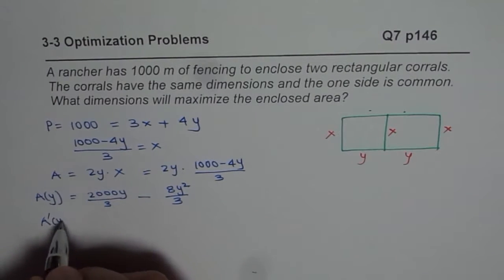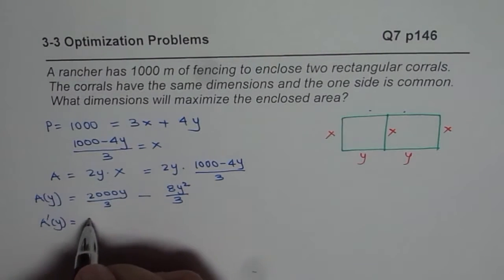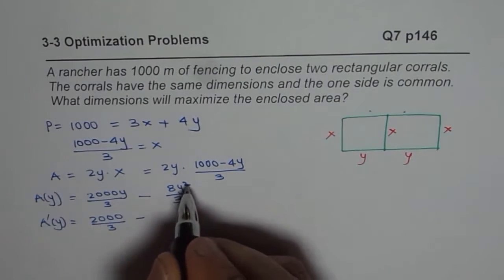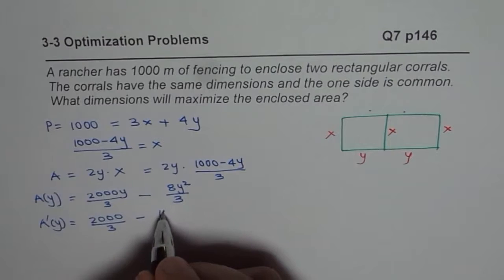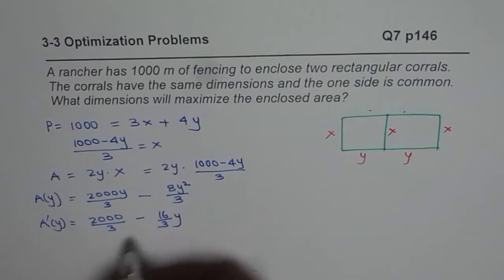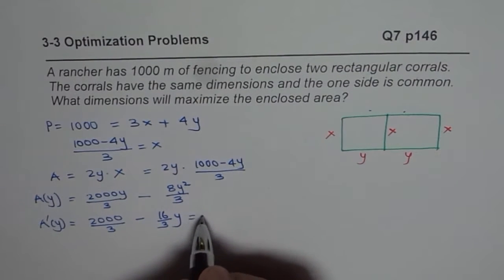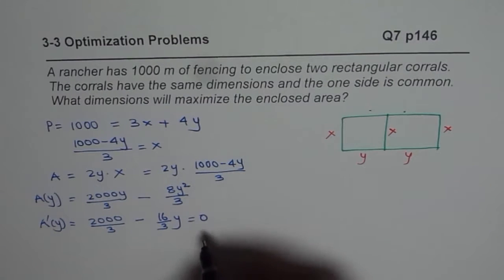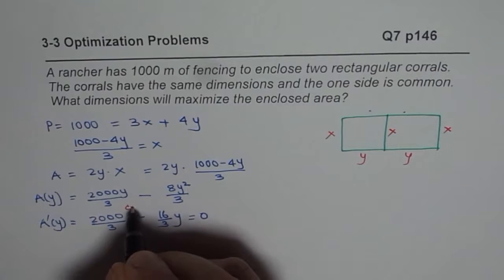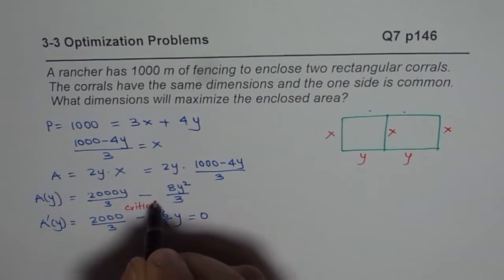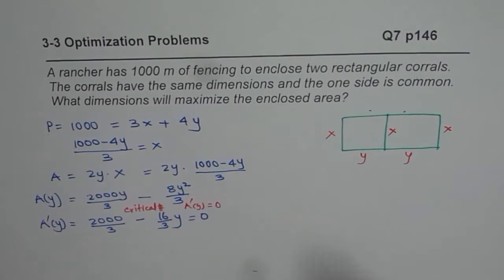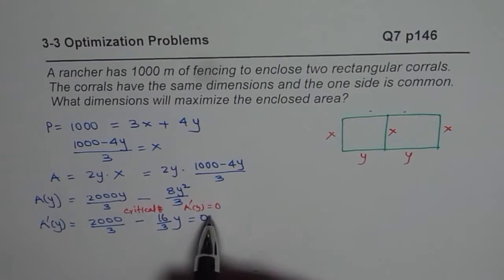Since we need to find the critical number, the derivative of this is 2000 divided by 3, and the derivative of the second term will be 2 times 8, which is 16 divided by 3, times y, and for a critical number that has to be 0, right? So this is for finding the critical number. So the derivative should be equal to 0, and that helps to find the critical number for us, right?